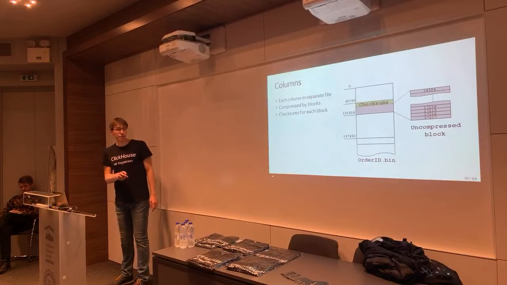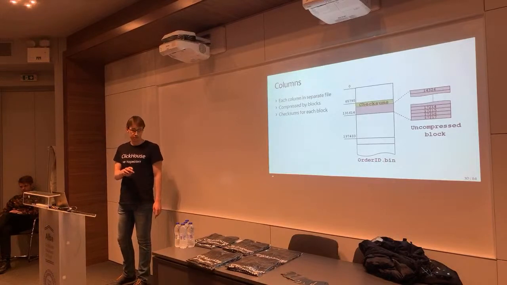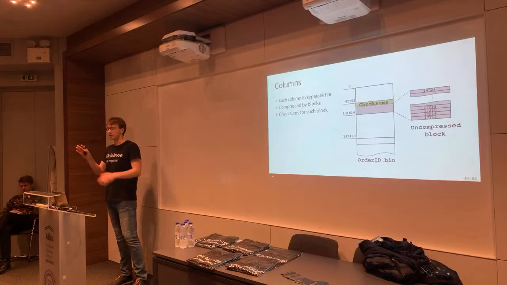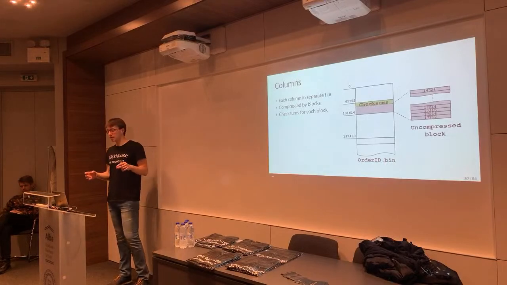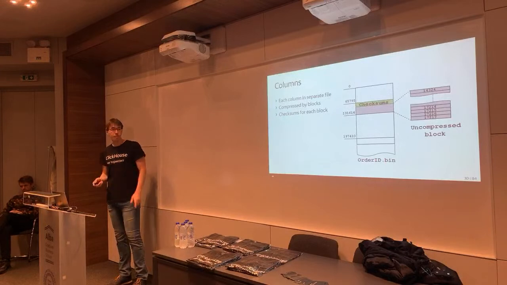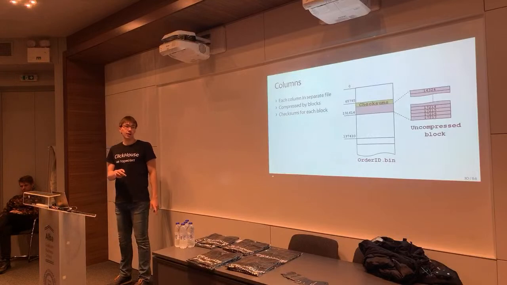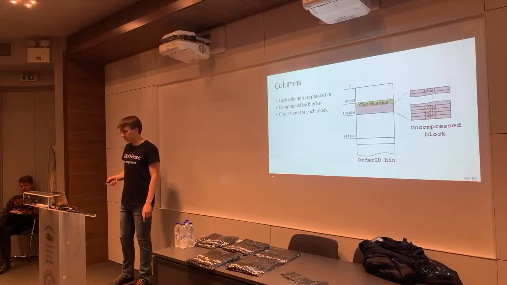What is important here is that we don't compress our column as a single file, but we compress it by blocks. So in our case, we have several blocks in our column, and we additionally write checksums for each block.